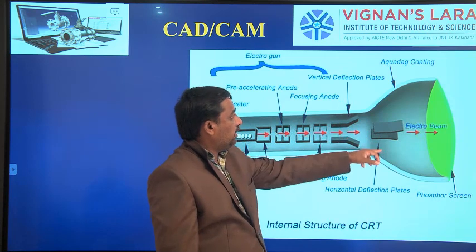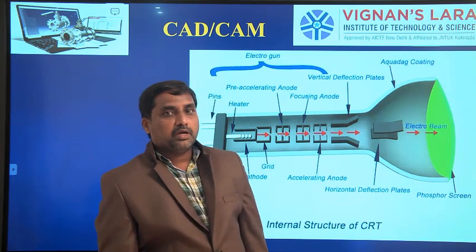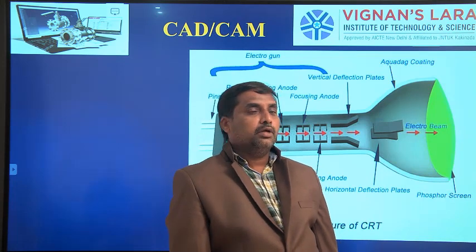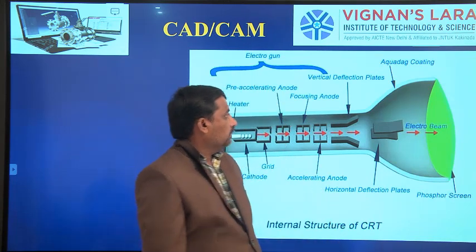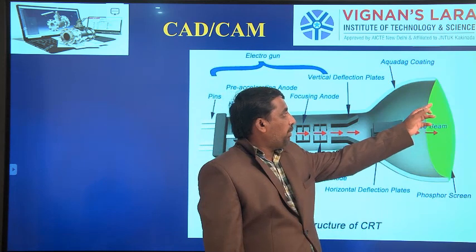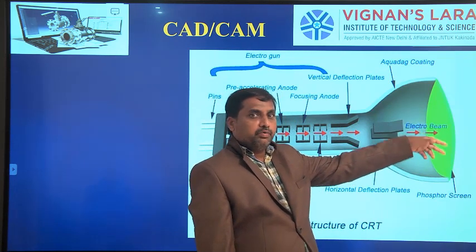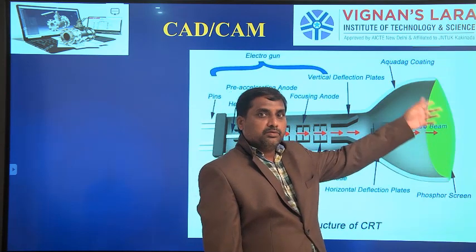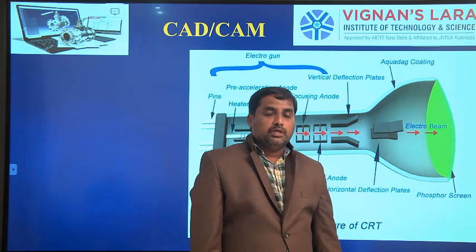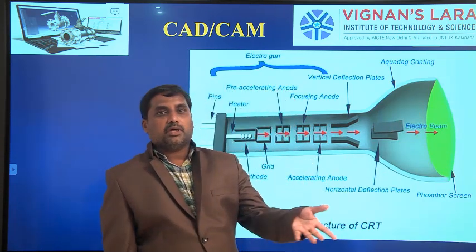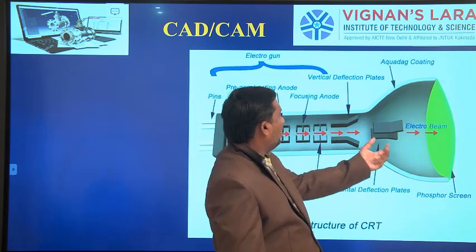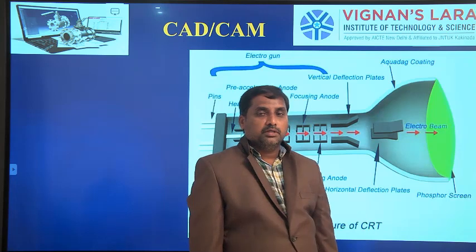Vertical and horizontal deflection plates make the electron beam move in a specified direction so that we get the strike on the phosphorus coating wherever we require, and we can trace this electron beam around the phosphorus screen to get what we draw, either letters, numbers or images. For that purpose, vertical and horizontal deflection plates serve.